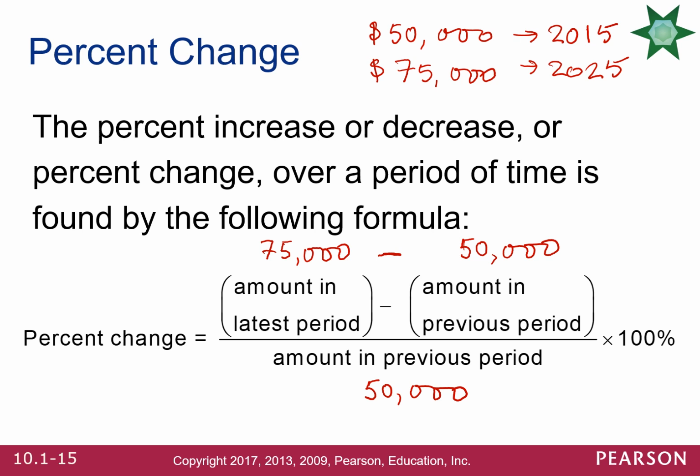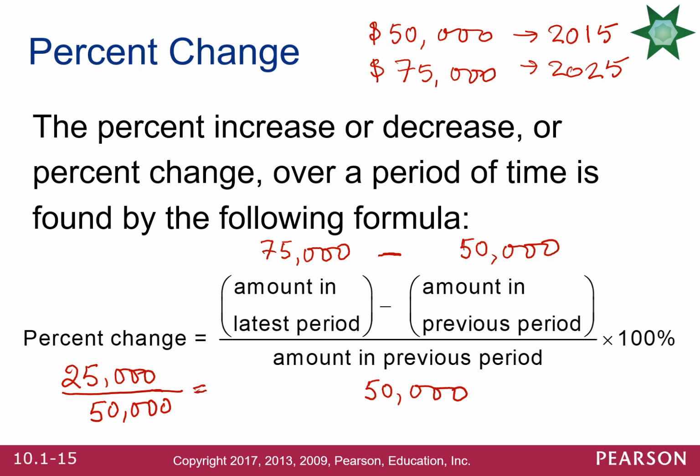All right, so we have to do this calculation. 75,000 minus 50,000 is 25,000 divided by 50,000. So that would be 25 divided by 50.